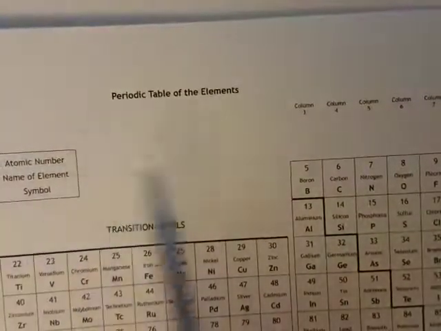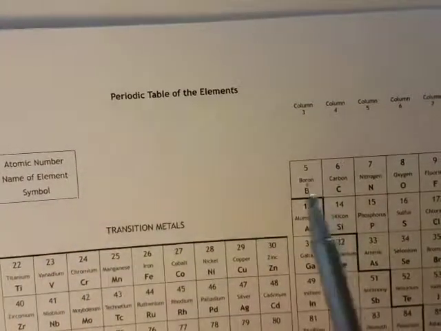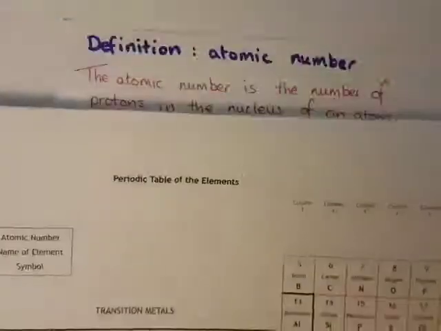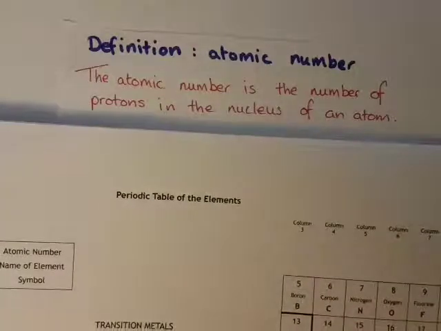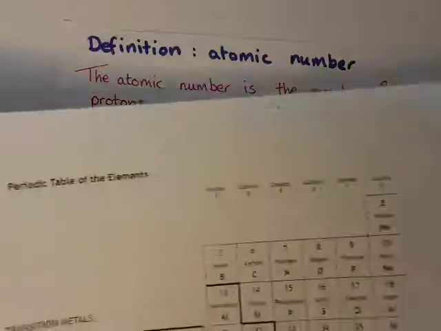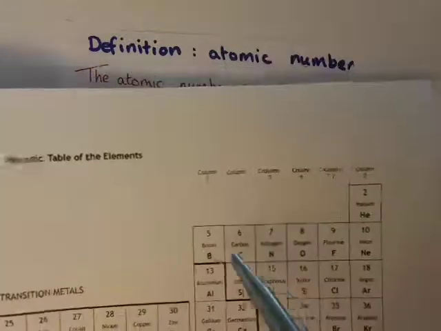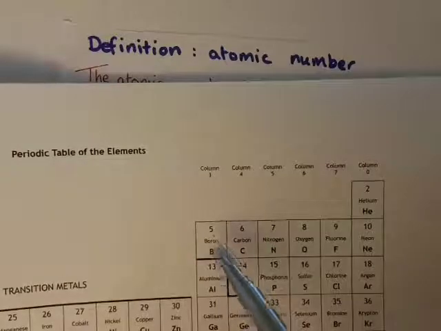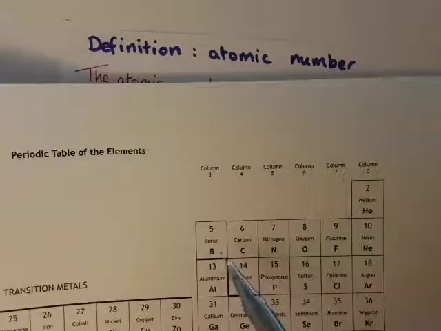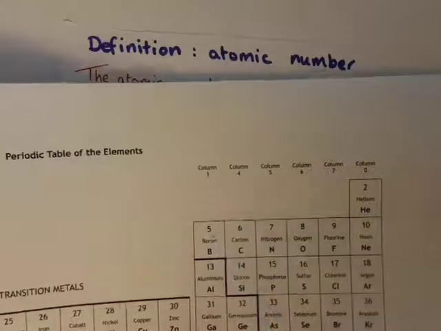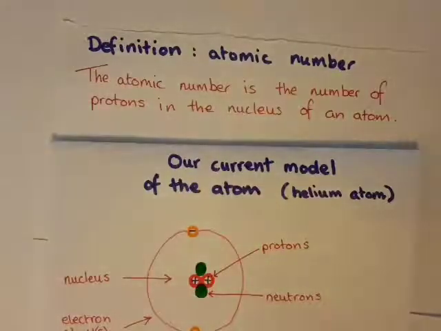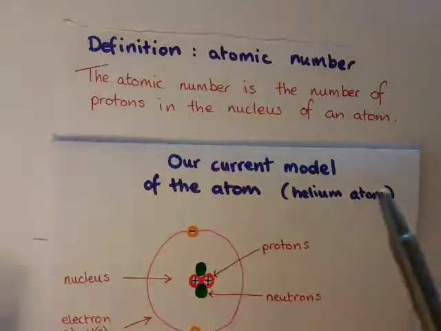So these numbers that the elements are arranged in order of are the atomic number, and like we just learned, they correspond to the number of protons in the nucleus of an atom. So my helium atom, the atomic number was 2, it has 2 protons. Boron, for example, atomic number 5. Boron atoms therefore must have 5 protons in the nucleus. Okay, so that's the atomic number.